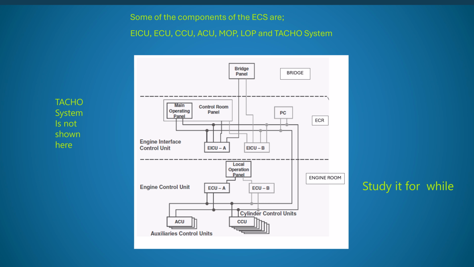All right. A and B are the networks. So EICU A and EICU B will be connected to the MOP and also to the other controllers in the engine control system.